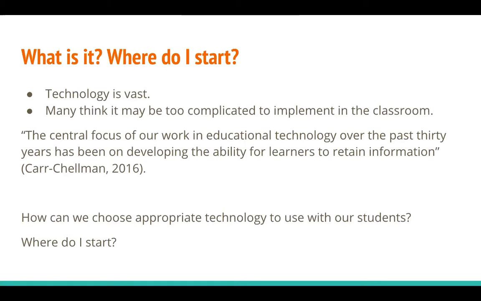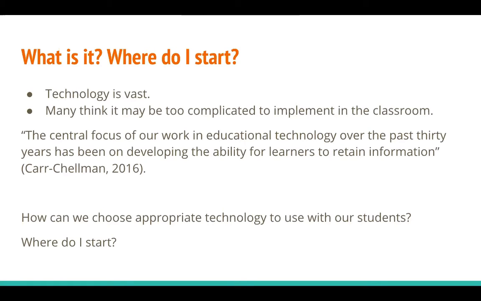So one of our textbooks, Carr-Chellman, 2016, talks about how the central focus of our work in educational technology over the past 30 years has been on developing the ability for learners to retain information. So that concept of educational technology as a vessel for learners to just retain information and copy it in their brain, just like a textbook, is kind of an old way of thinking.